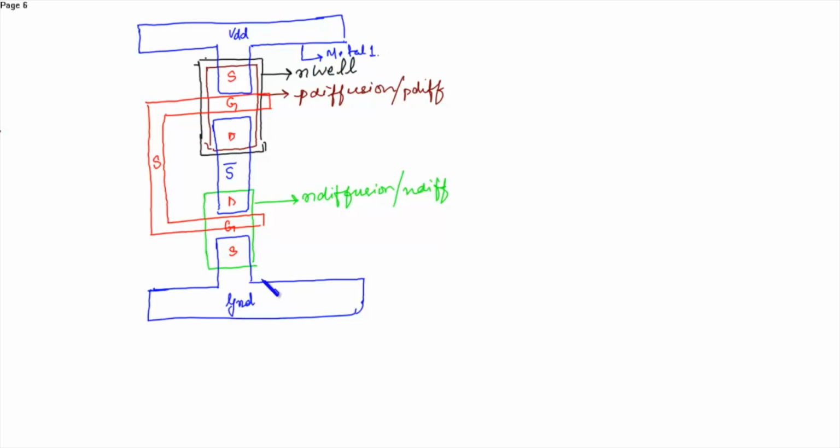Okay. Now you have to construct the transmission gate part. This is the inverter part. So next you have to construct the transmission gate.